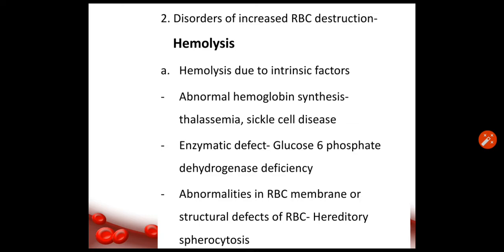So abnormal hemoglobin synthesis, for example thalassemia, sickle cell disease, then enzymatic defects like glucose 6-phosphate dehydrogenase deficiency, abnormalities in RBC membrane or structural defects of RBC like hereditary spherocytosis. So these are some of the intrinsic factors which lead to hemolysis, RBC destruction, and finally end up with anemia.